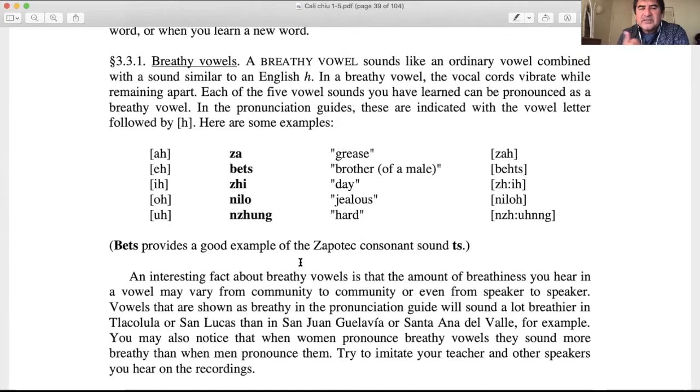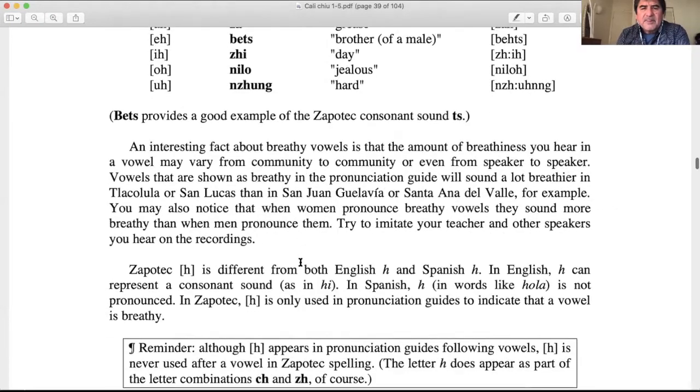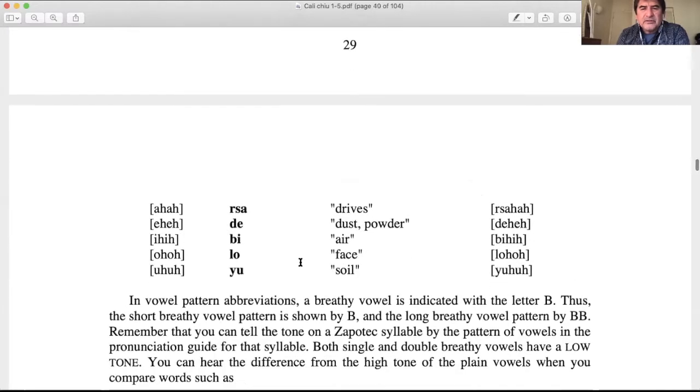Just to remind you, we talked about reloj, right? That's the plain vowel, and also we saw the nilo with a single breathy vowel, and then we also looked at the two breathy vowels such as face, lo.